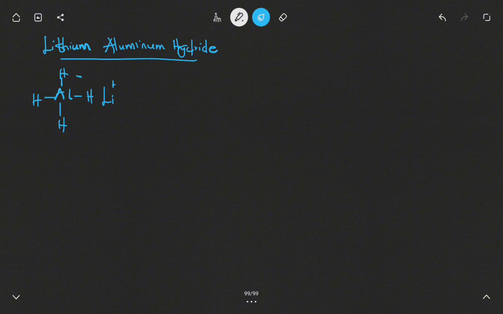Now let's look at the reaction mechanism involved in this, and I'm going to use methyl benzoate in this. So again we have the benzene ring.